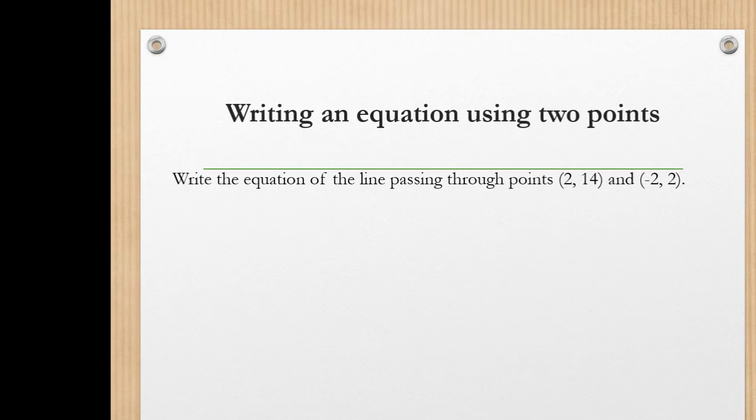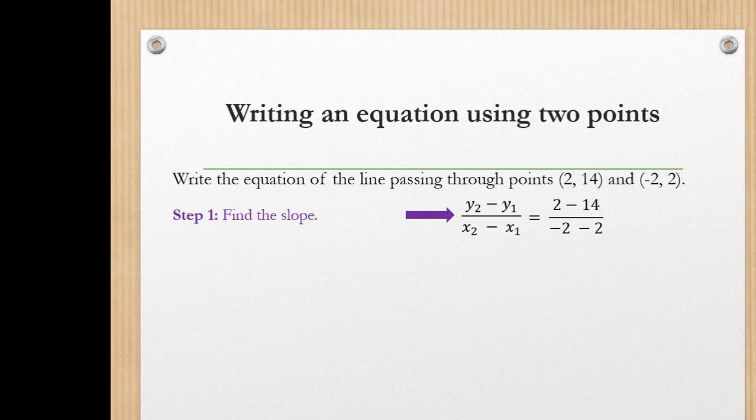Now we are going to write an equation using 2 points. So this example has the points (2, 14) and (-2, 2). The first step is to find the slope. And as you should have learned, slope is the change of y, or y sub 2 minus y sub 1, over the change in x, or x sub 2 minus x sub 1.